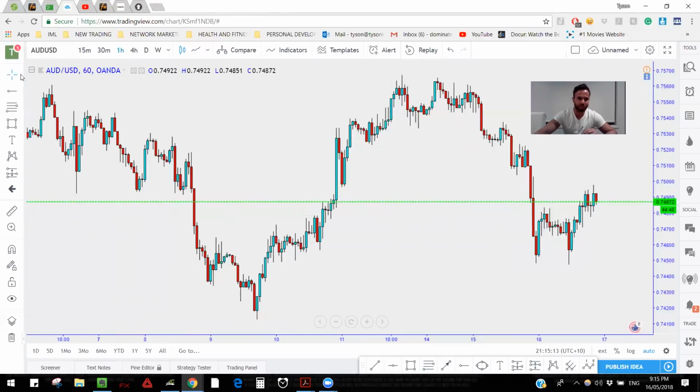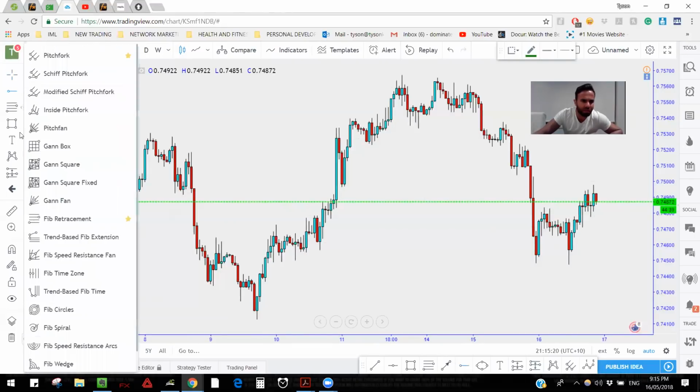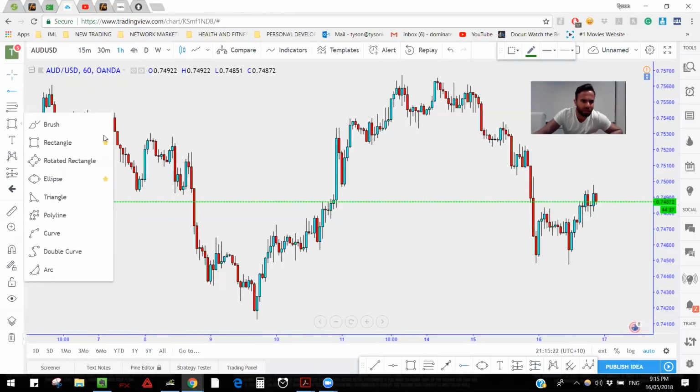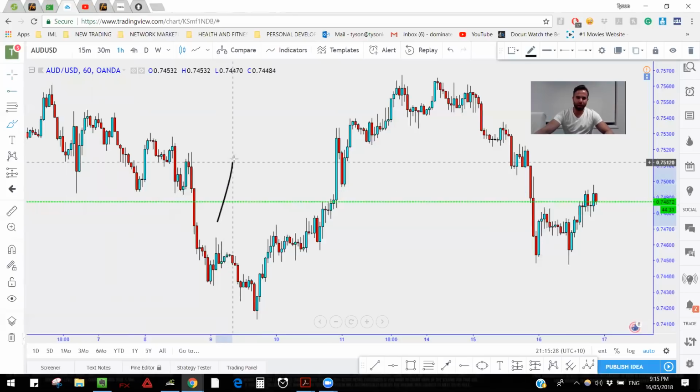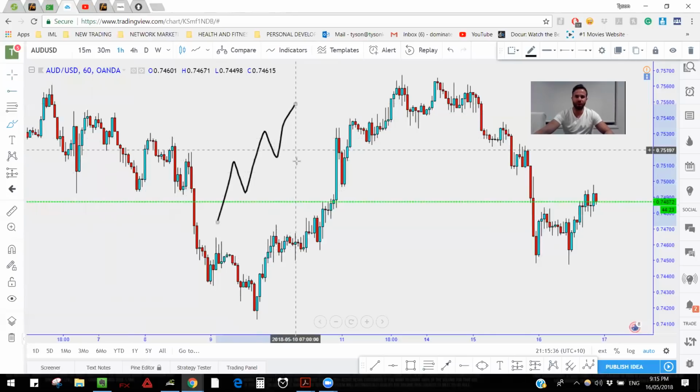Oh, yeah, there it is. All right, so first things first, we're going to have an uptrend, a pullback, an impulse, a pullback, and then an impulse, a 5-wave.